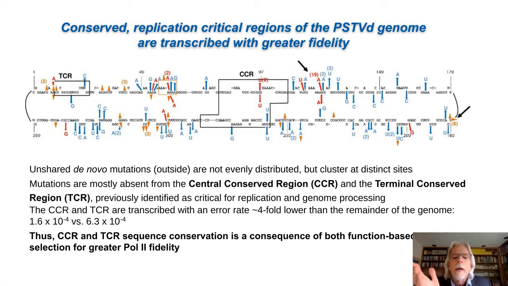In fact, if we separately calculate the mutation rate for those regions compared to the remainder of the genome, we find that those two conserved regions are transcribed with an error rate about 4-fold lower than the remainder of the genome. So in the central conserved region and the terminal conserved region, sequence conservation is a consequence of both function-based selection and selection for greater Pol II fidelity.